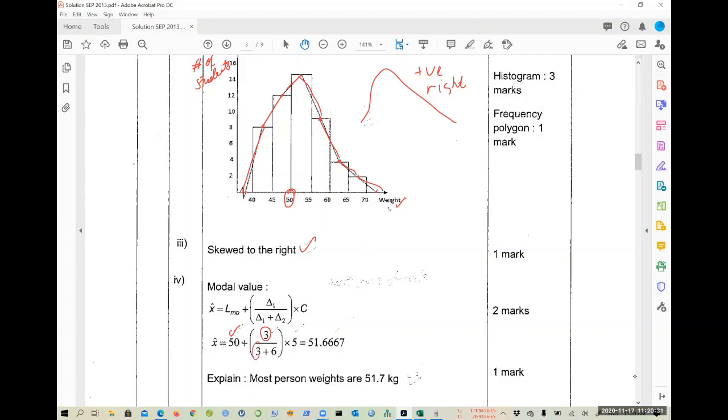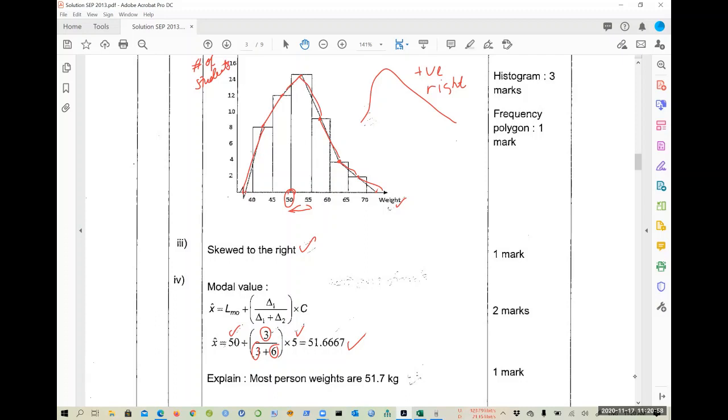Okay, this one also 3, and then 15 minus 9 you get 6. Okay, and then the size of the class is 55 minus 50, you get 5. So calculate this one, you get 51.6667.